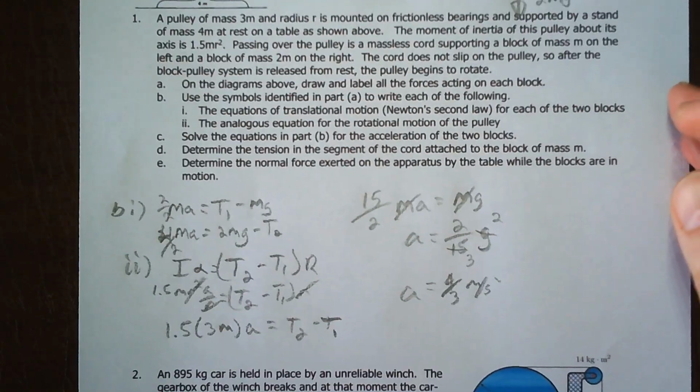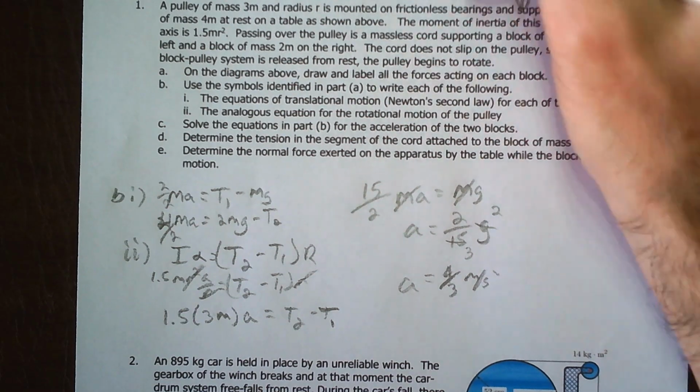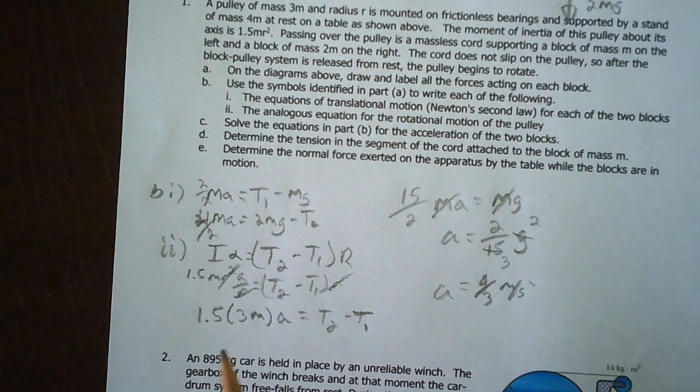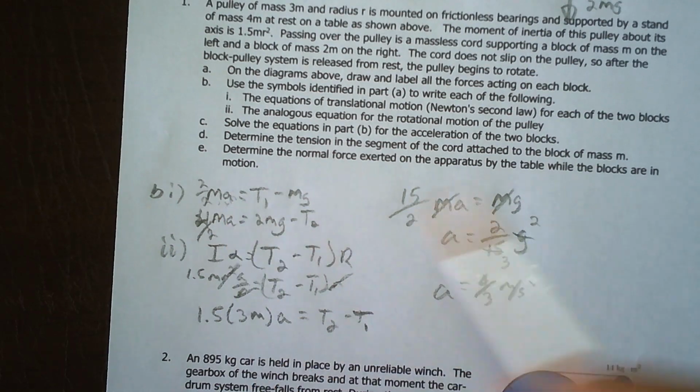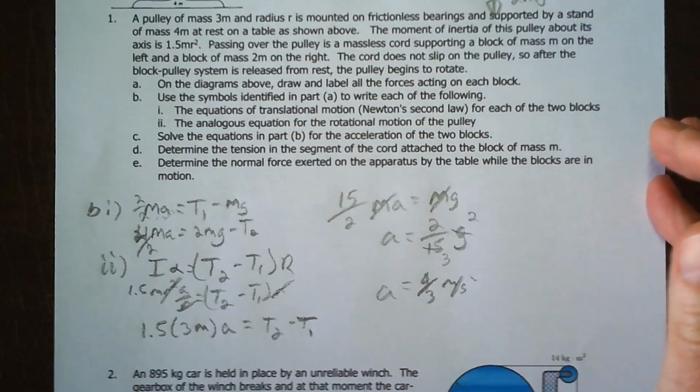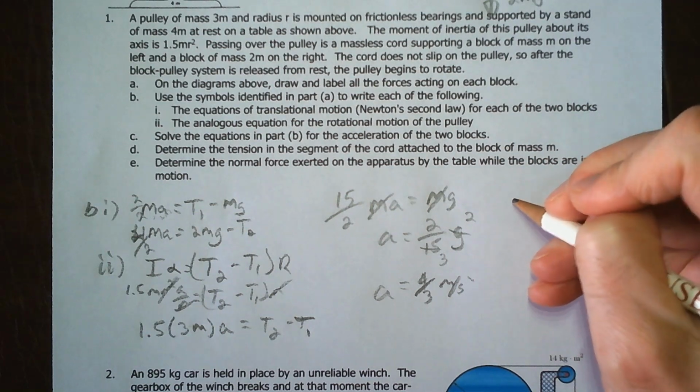Determine the tension in segment of the cord attached to M. Okay, well, once I know what the acceleration is, I can plug that back in over here, and that would give us then the tension, so this is D.